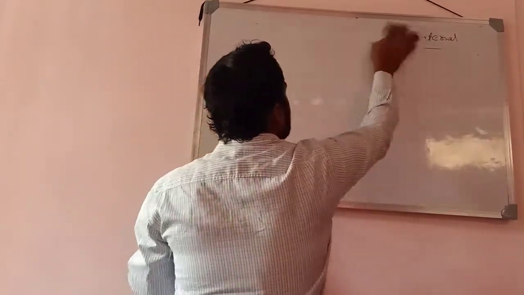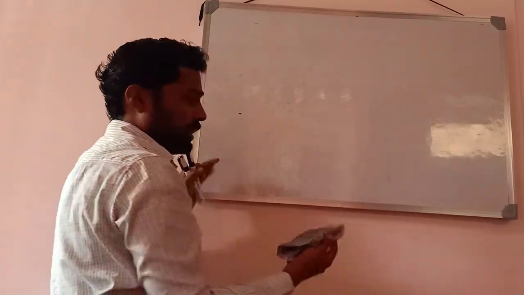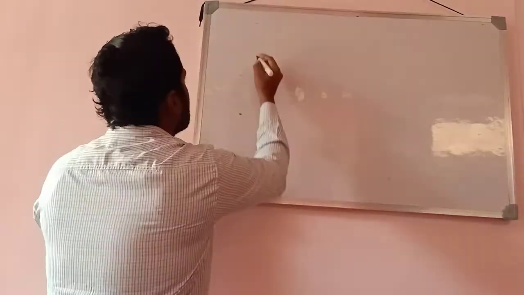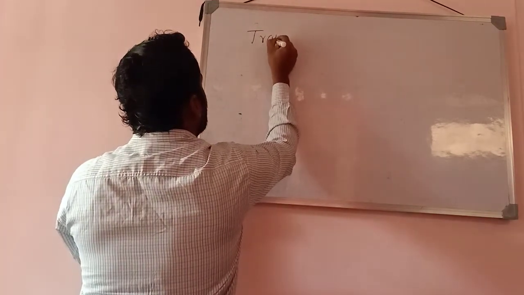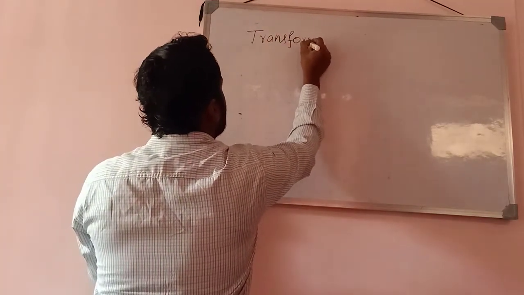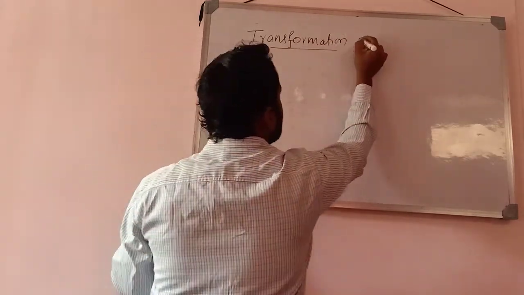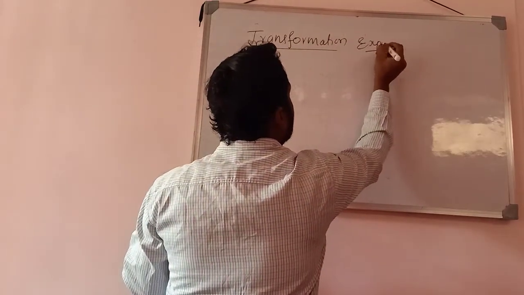The second one is the transformation experiment of Griffith. I will repeat it here also. The second experiment in searching for DNA as genetic material is the transformation experiment of Griffith.